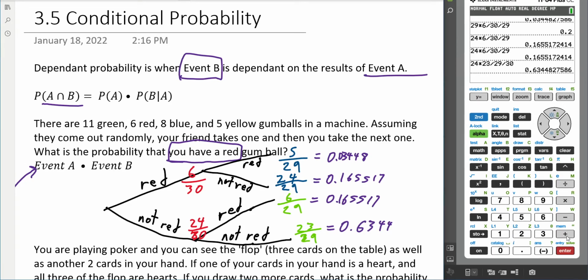Anyways, all of those numbers should add up to 1 if you add them up. So that one plus that one plus itself again plus 0.03448. Yeah, and it adds up to 1. So all of these numbers should add up to 1.